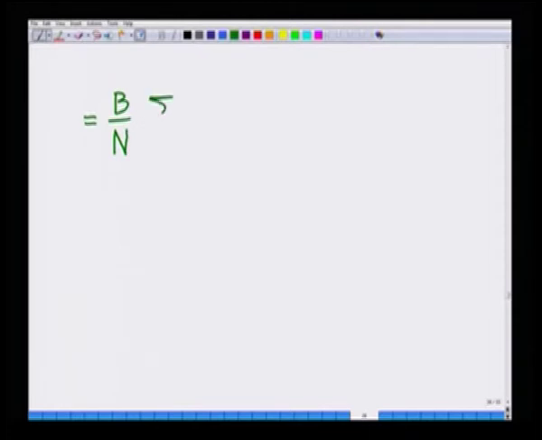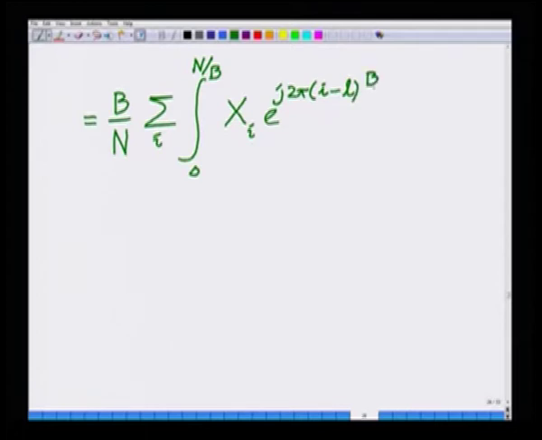B over N summation over i, integral 0 to N over B, x_i e to the power of j 2 pi (i minus L) B over N t dt.